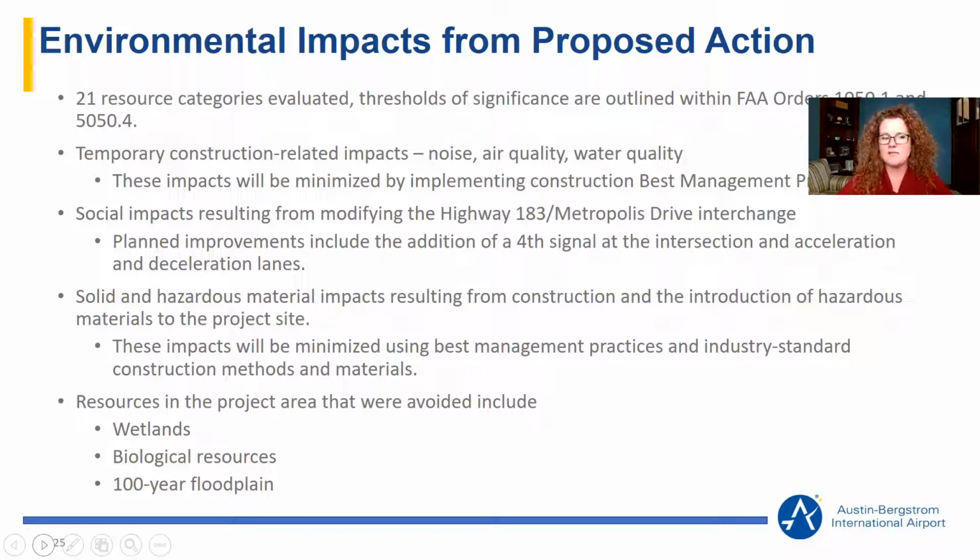We also identified solid and hazardous material impacts resulting from both the construction and the operation of the fuel farm. These impacts, again, are minimized and mitigated through the use of best management practices during construction, as well as the selection of suitable materials for the construction of the fuel farm. Resources that were identified as being present in the project area but avoided included wetlands, biological resources, and the 100-year floodplain.